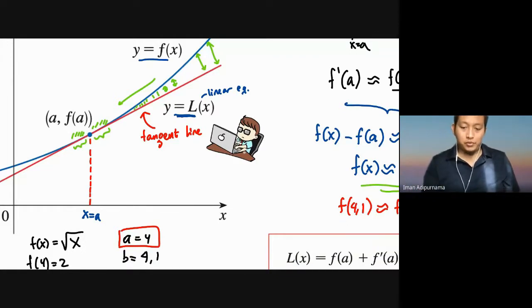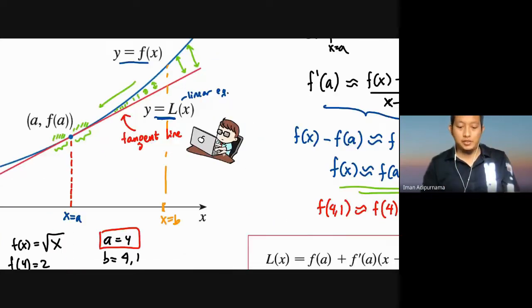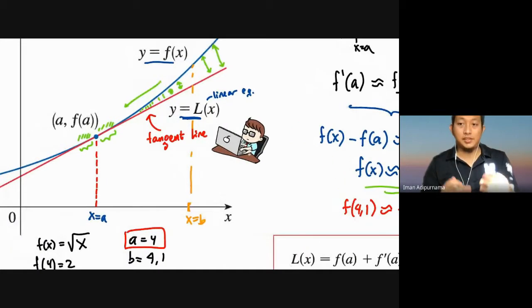Maybe you want to observe x equal b here, it's too far, and the gap between the function and the linear approximation at a is too wide, right? So you can only use a number that is close to a.